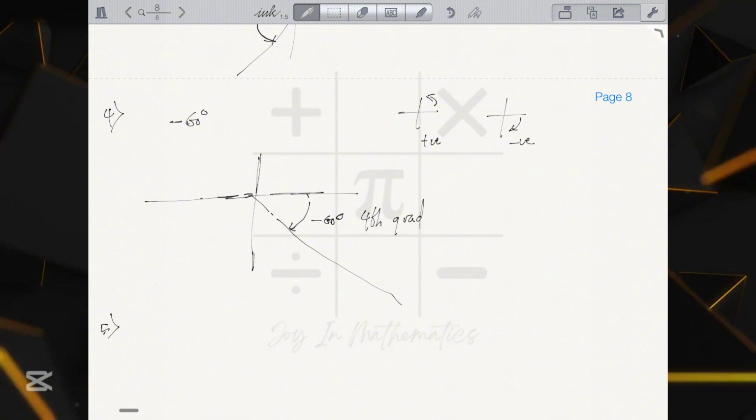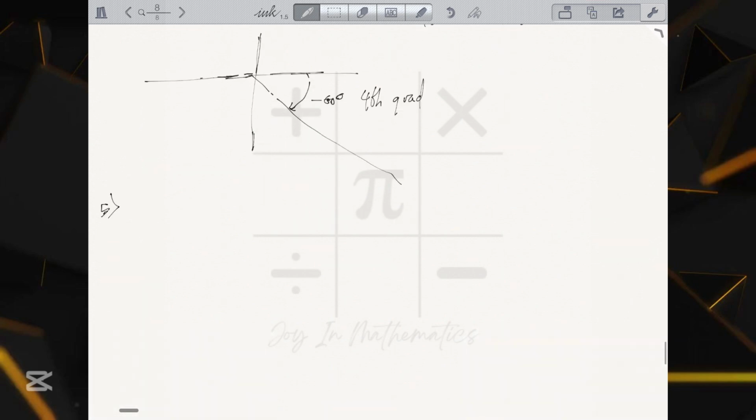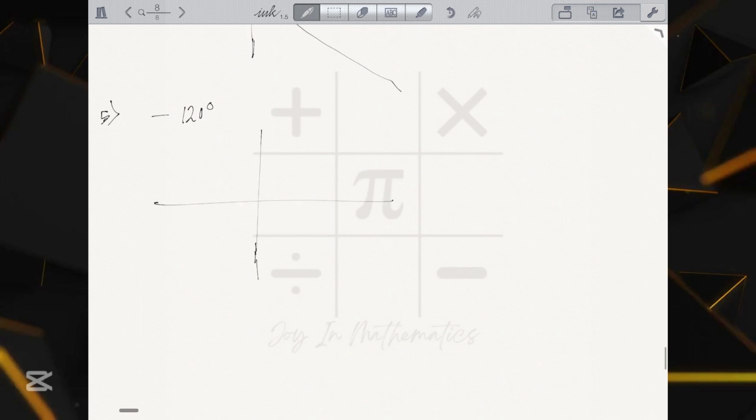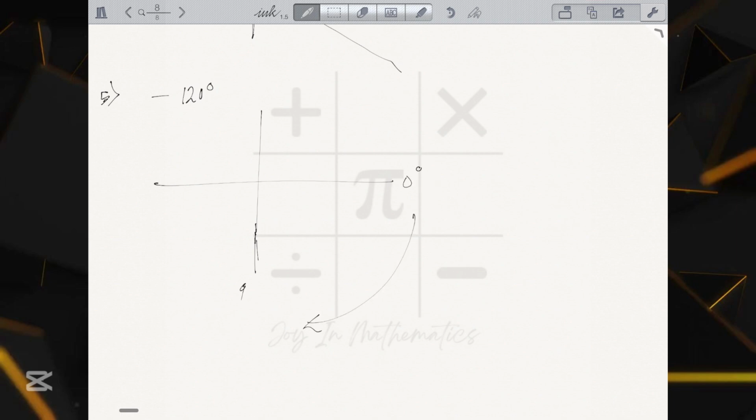And finally, let's assume we have minus 120 degrees. Where does minus 120 degrees fall? Pause the video now and give it a try. Okay, let's continue. If we are moving in the anti-clockwise direction, this is 0 degrees, this will be 90 degrees, and this will be 120 degrees.